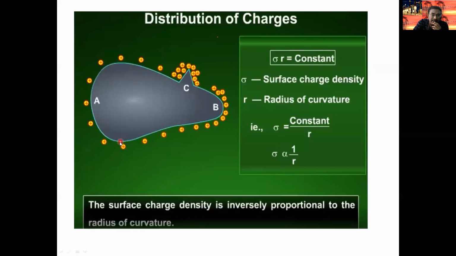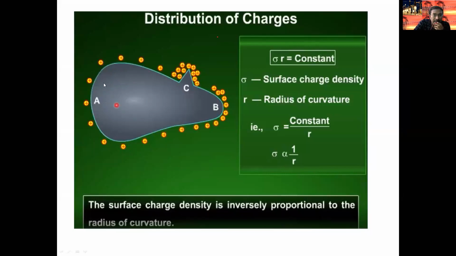Because of that, the accumulation of charges on the surface is very less. If the radius of curvature is more, the accumulation of charges is less. Surface charge density is inversely proportional to radius of curvature.